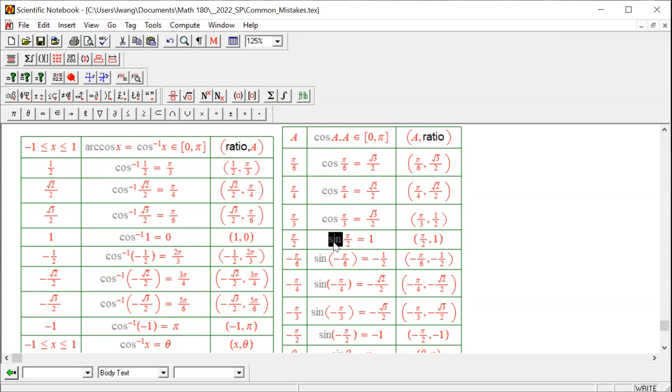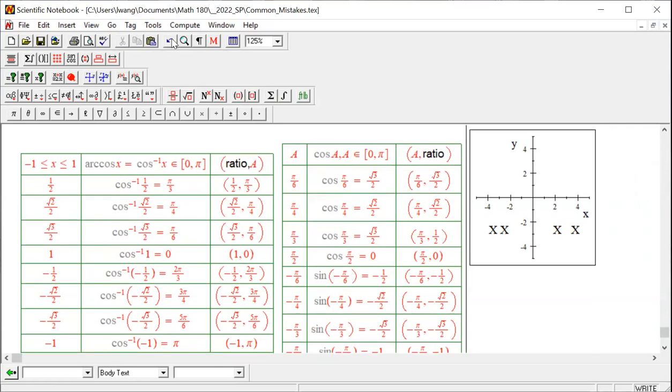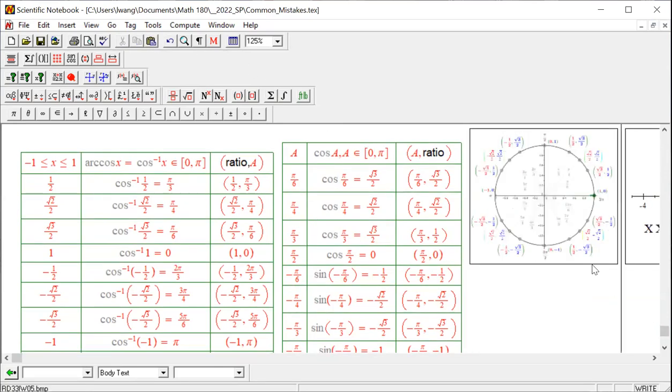And what is the cosine of pi over 2? 0, right? If cosine is a red number, cosine pi over 2 equals 0.